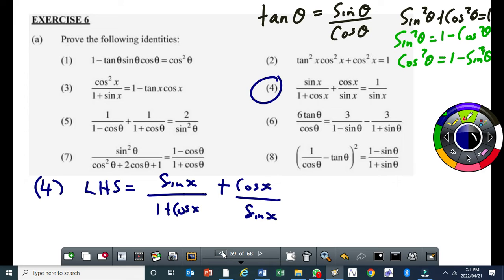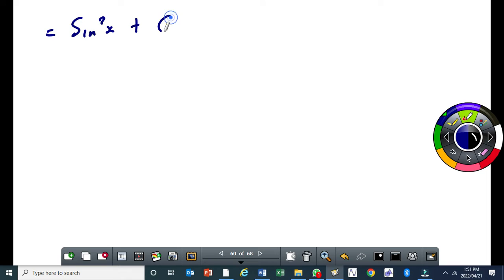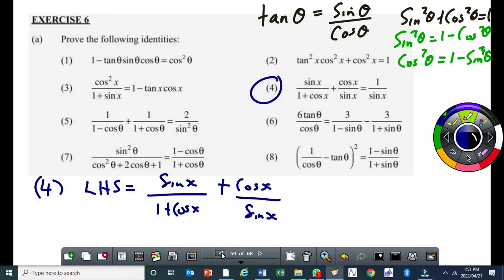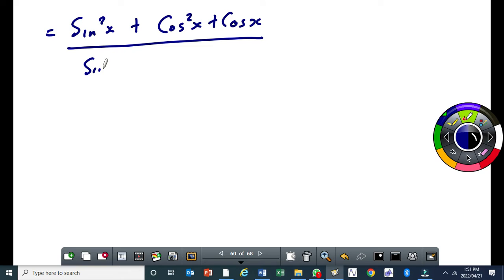Okay, in this case, it's going to be cos x plus cos x squared. Okay, so it's going to be cos squared x. I can write it as cos squared x plus cos x. This is all over the LCD. Now, the LCD is the product of these two. So I can write it as sine x times 1 plus cos x.